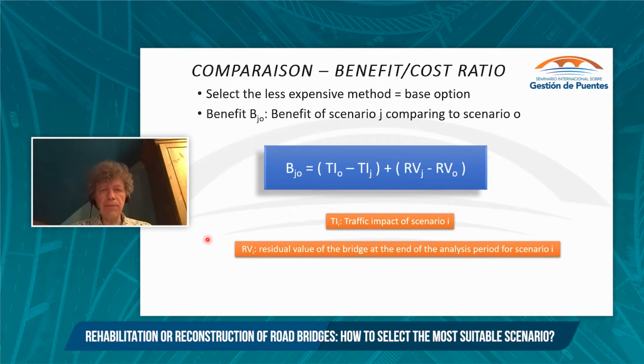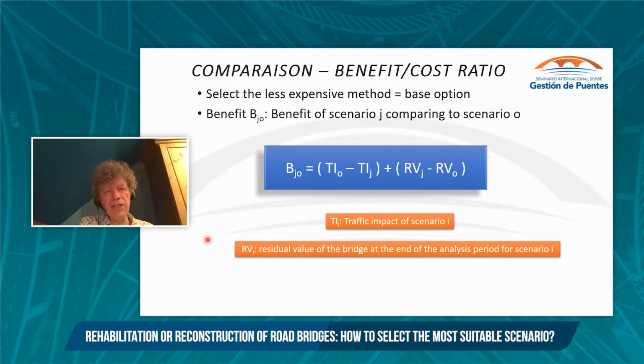It's an easy concept, but it's quite difficult, because when we rehabilitate a bridge or rebuild a bridge, what's the benefit for the user? Previously to the operation, he has a bridge. If the rehabilitation doesn't increase the load capacity of the bridge, if the rehabilitation doesn't increase the number of lanes, after the rehabilitation, the benefit is simply zero for the user.